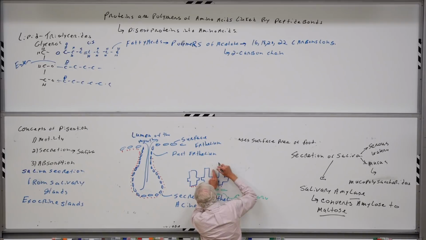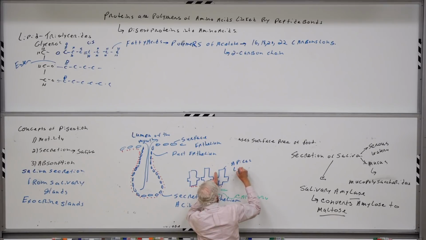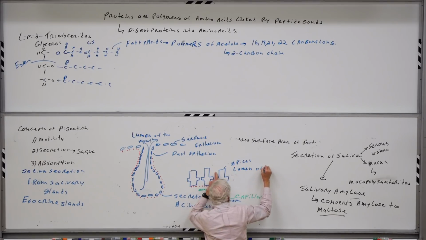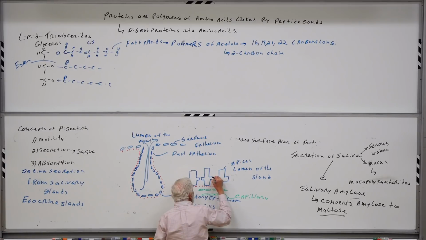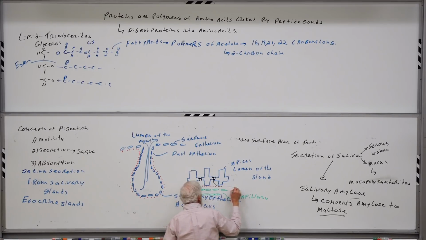So on this side is the apical membrane. And this is said to be the lumen of the gland. As before, we see that these epithelial cells are stuck together by tight junctions.